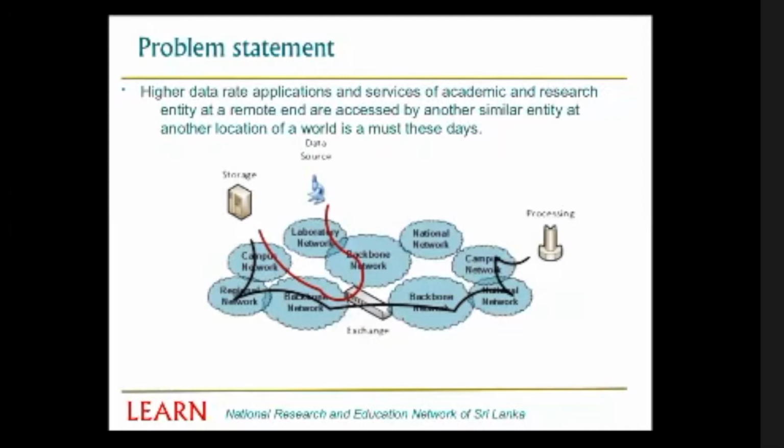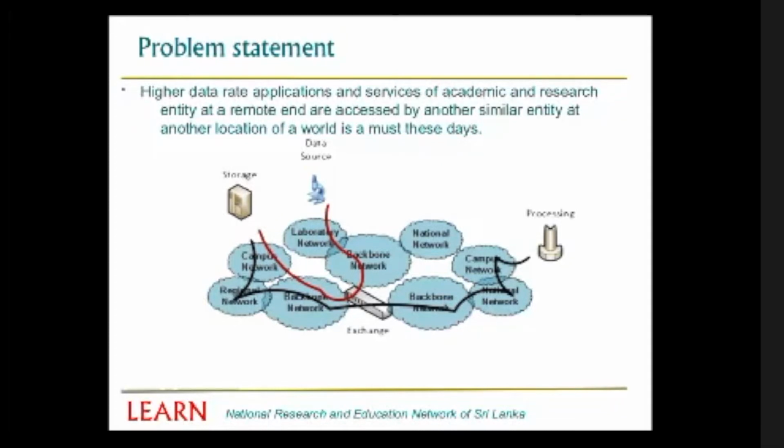This depicts that in a research community, sources and elements can be distributed worldwide. Maybe the data source, the monitoring source, can be located in another part of the world, storage can be located in some other country or region, and then finally the processing of data can happen in another location.